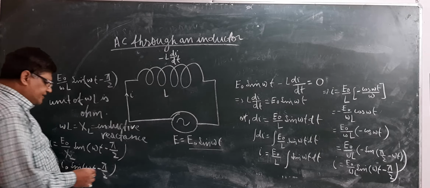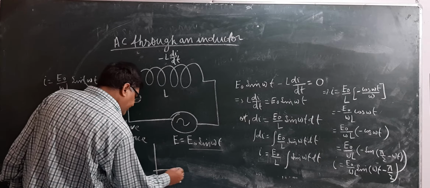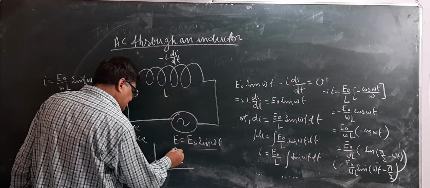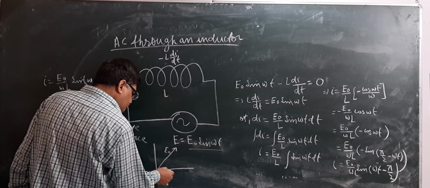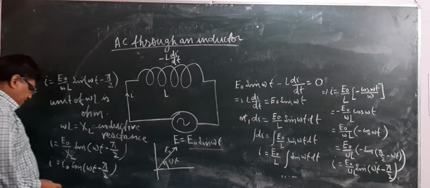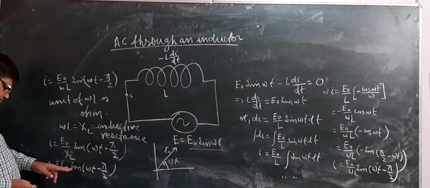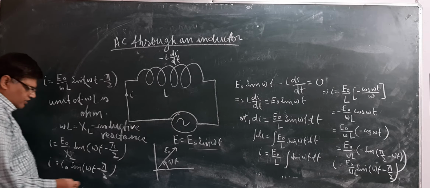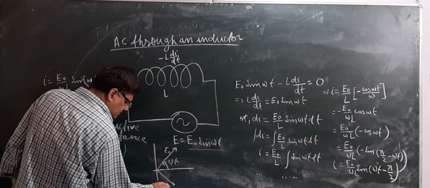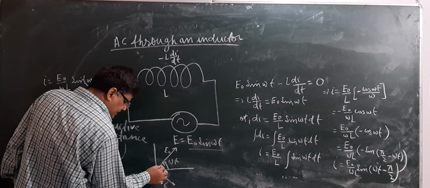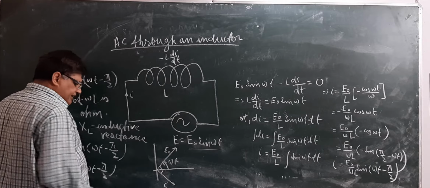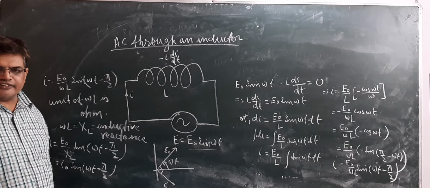If we draw the phasor diagram, for EMF you will get it like this, that is E naught, this angle will be omega t. As the current lags by an angle of pi by 2, we can draw this phasor diagram like this. This will be I naught and this angle is pi by 2. So the current will lag by an angle pi by 2 in this phasor diagram.